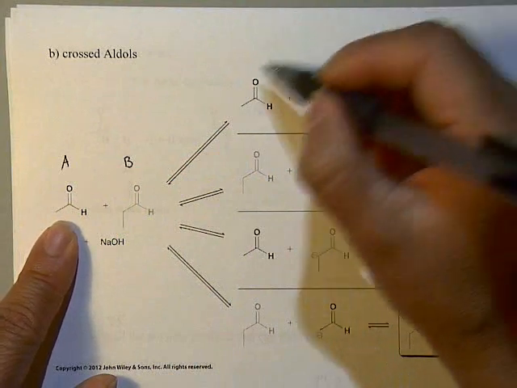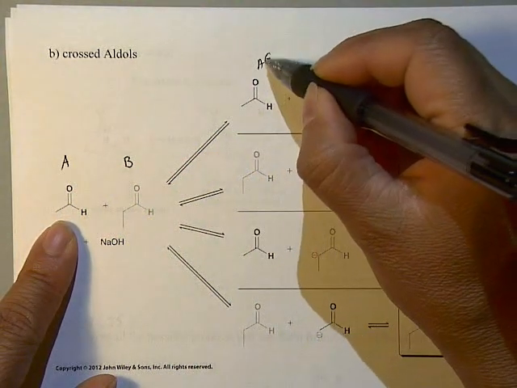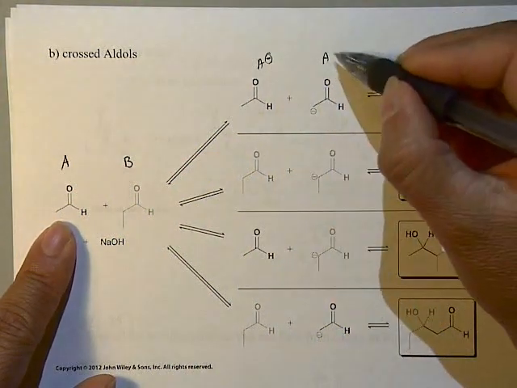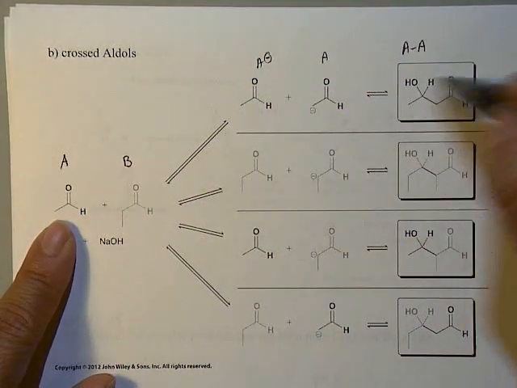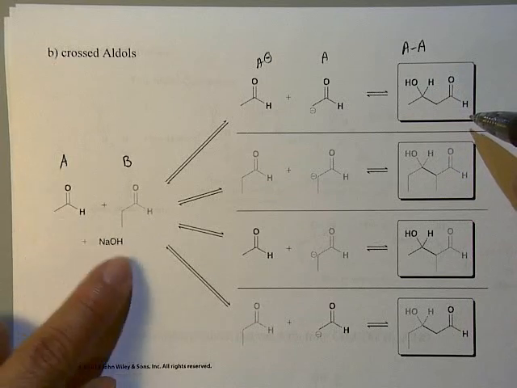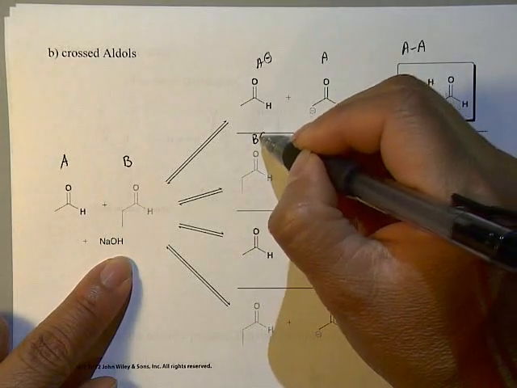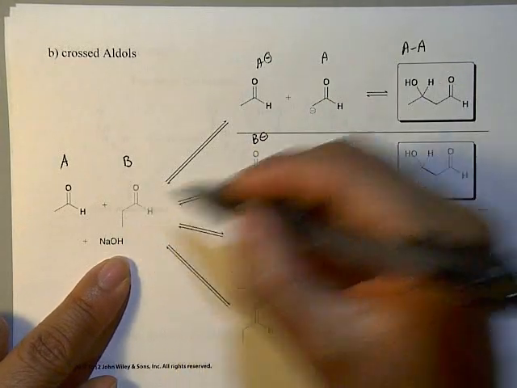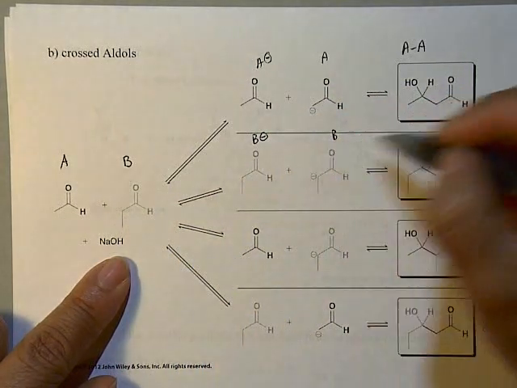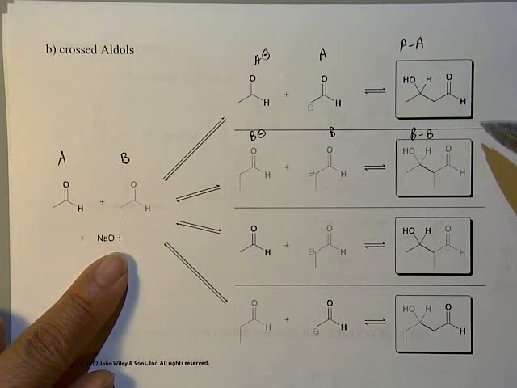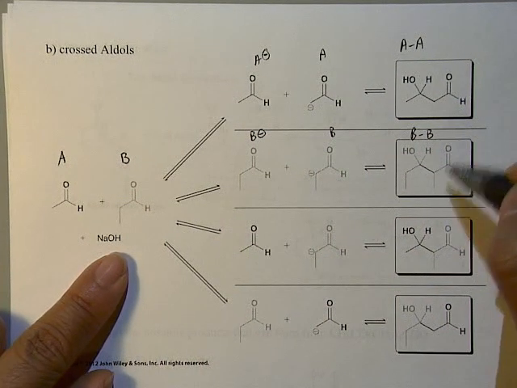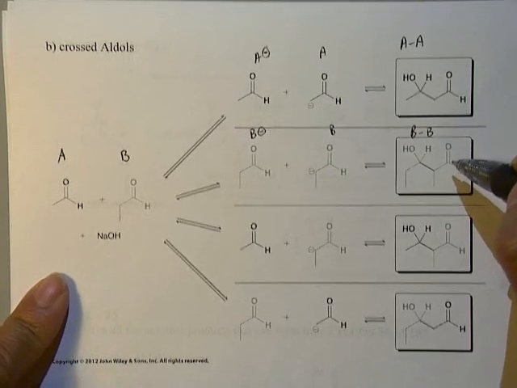That's this example here, A enolate reacting with A unreacted, and I'm getting an AA dimerization. Or I could get B to form the enolate and react with unreacted B to form BB dimerization. So those are the two possible self-condensation, self-reaction addition products that you could get.